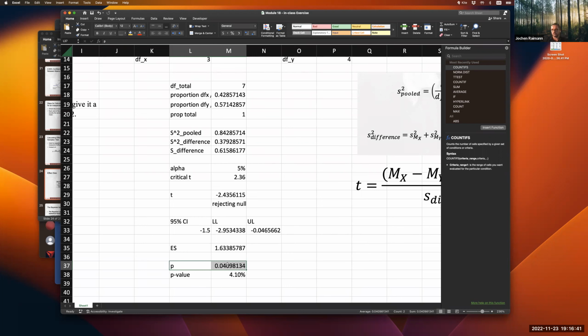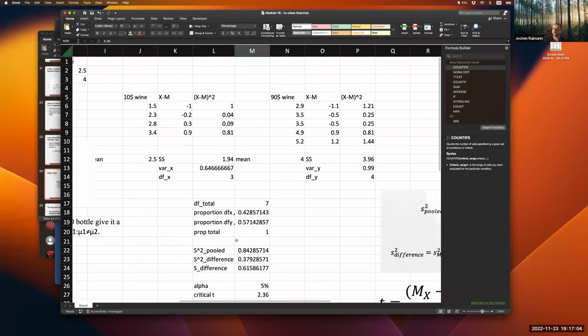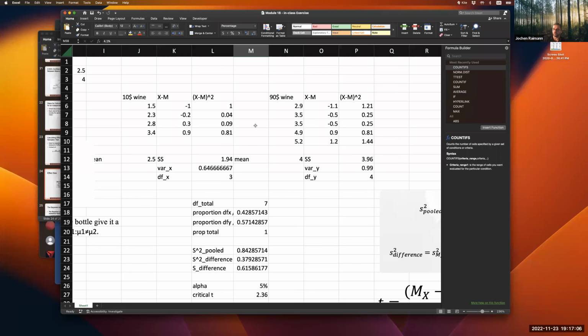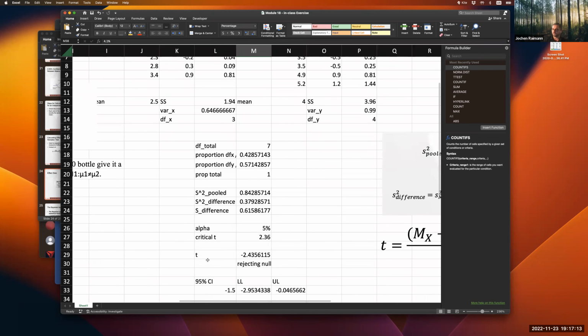That means the risk, the probability of a type 1 error in our rejection, is here at 4%. So with a 4% probability of making an error, we are rejecting the null hypothesis that these 2 mean ratings are identical between those groups.